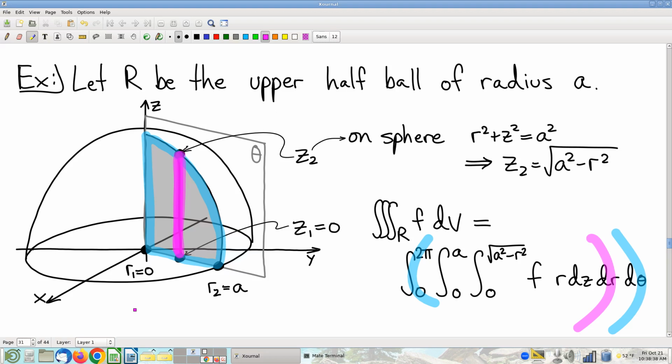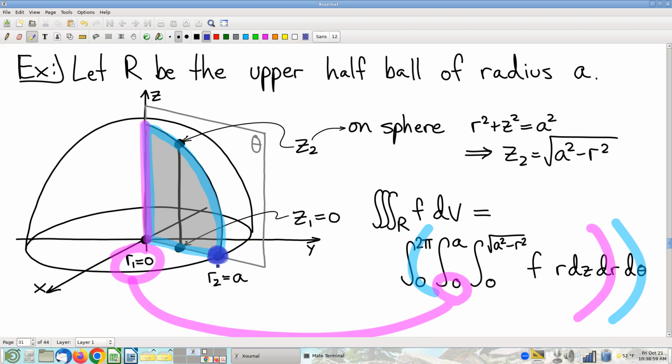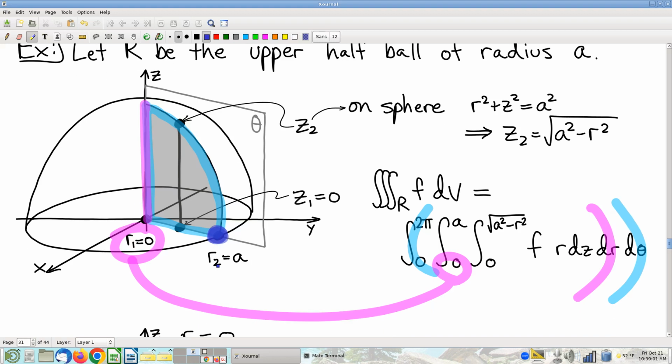So where do these start and end? Well, the first one is there on the z-axis where R is 0. The last one is, well, it's there. And now here's where we have to think geometrically. We have to let the picture be our guide. What do I know about this last slice, this point here?